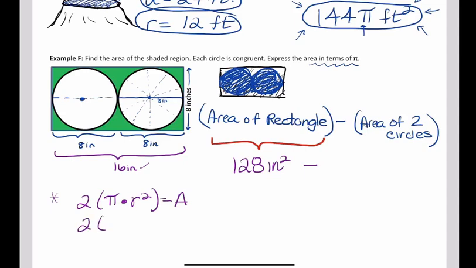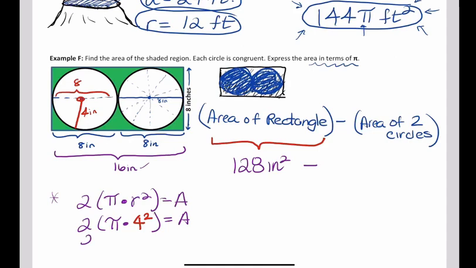So again, we're leaving pi the way it is. Remember the radius of the circle is half the diameter. We know the entire diameter is 8, so that means the radius must be 4. So we're going to do pi times 4 squared, and that will equal the area.